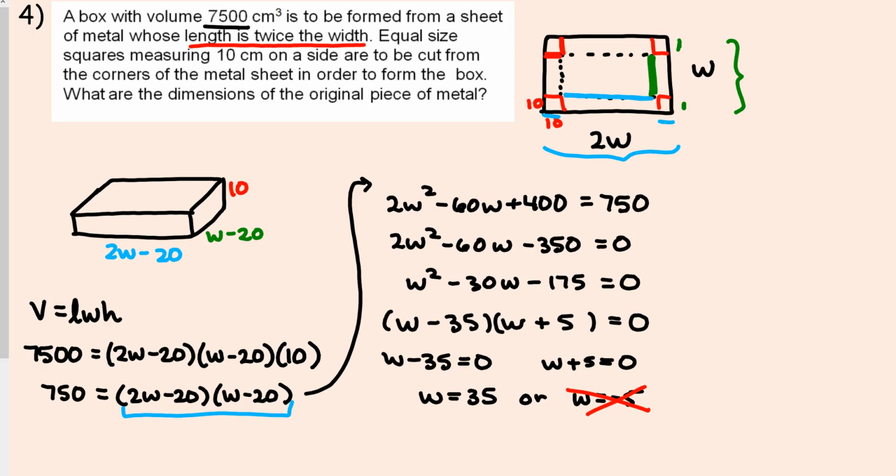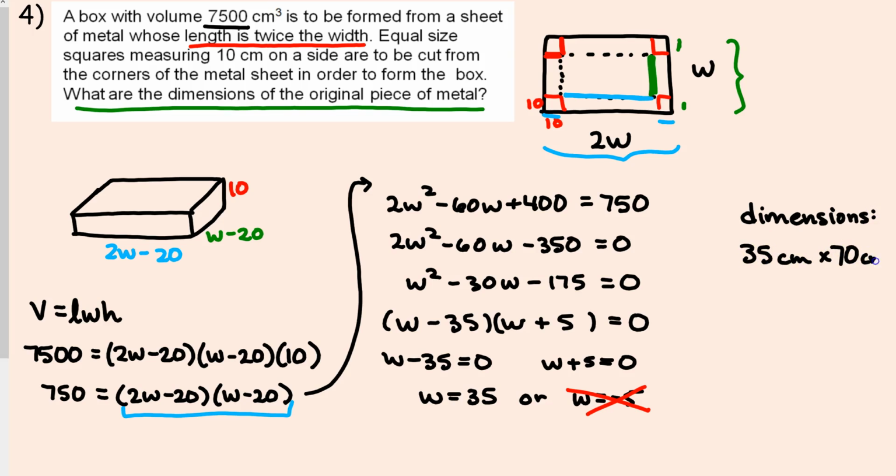Let's go back to the question. What are the dimensions of the original piece of metal? The original piece of metal was w by 2w, so then the dimensions would be w is 35 centimeters, and 2w is 70 centimeters. Now let's just do a check.